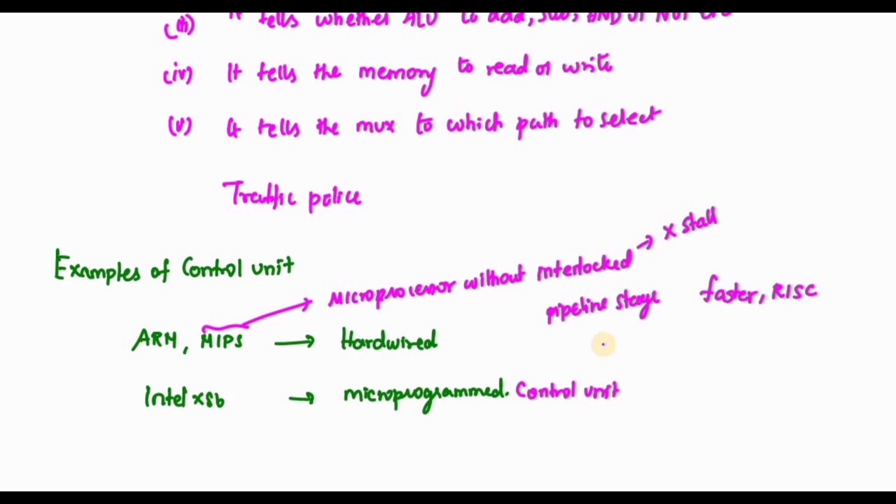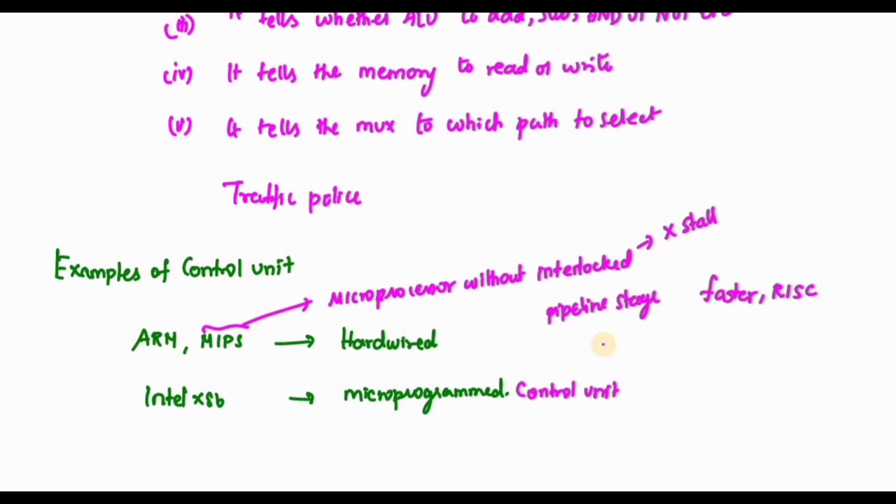In the without interlock pipeline stages, we are using reordering. That is, the compiler will rearrange the instructions in order to avoid data hazards, and it will perform a no operation, NOP, if needed.